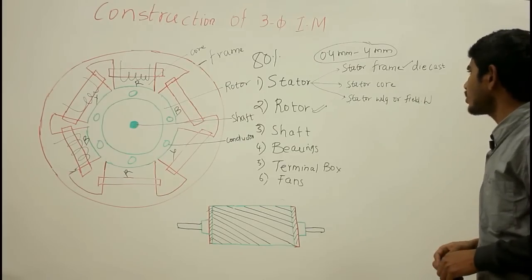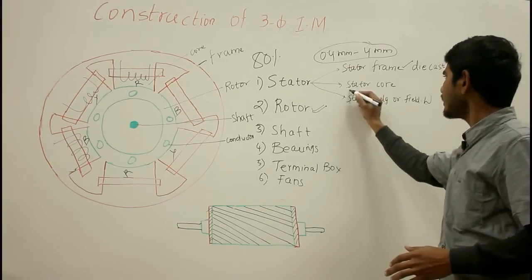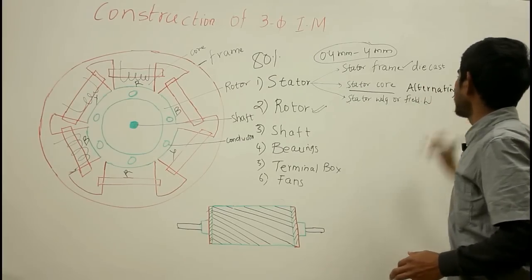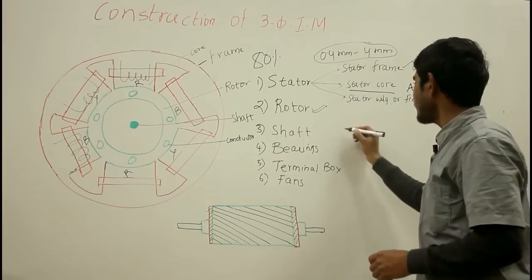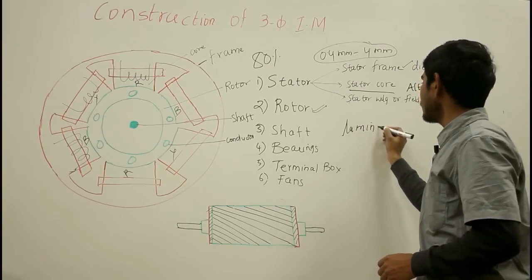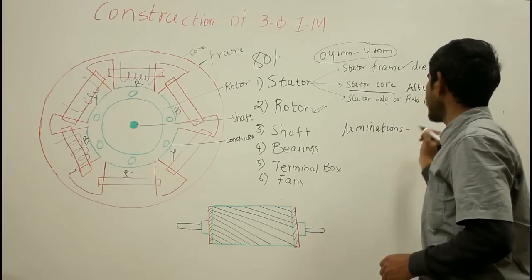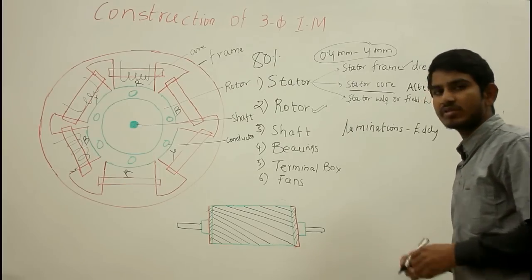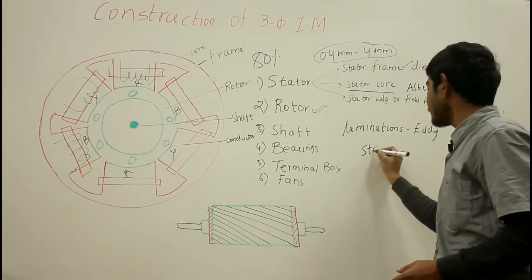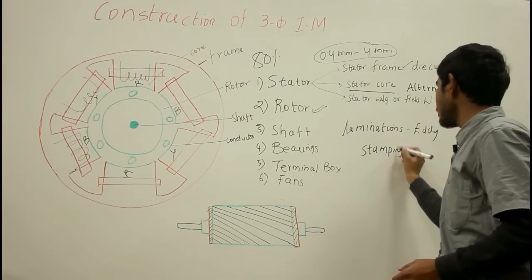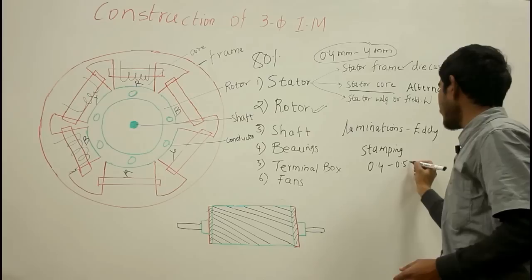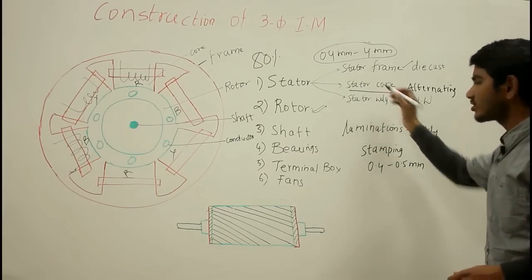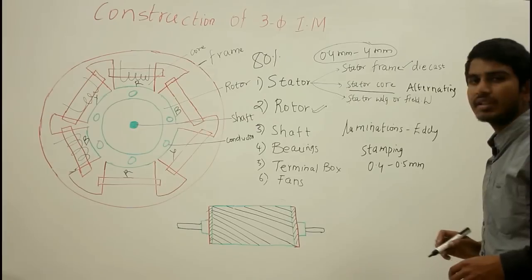Now coming to the stator core, it carries alternating flux. The stator core is made up of a number of laminations, in order to reduce eddy current losses. These laminations are stampings about 0.4 to 0.5 mm thick, which are stacked together to form the stator core, housed in the stator frame.